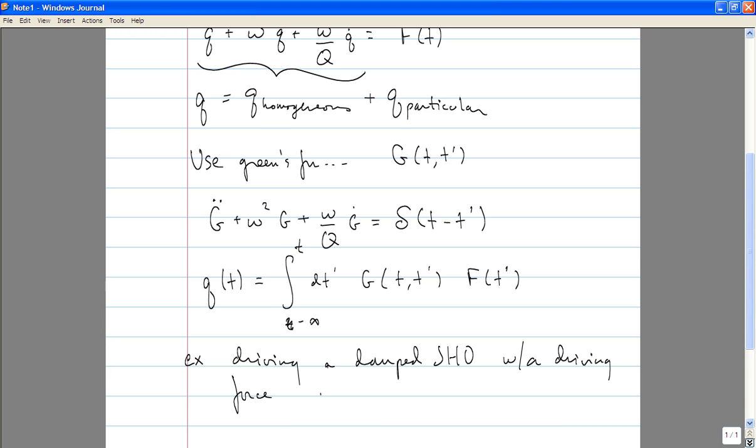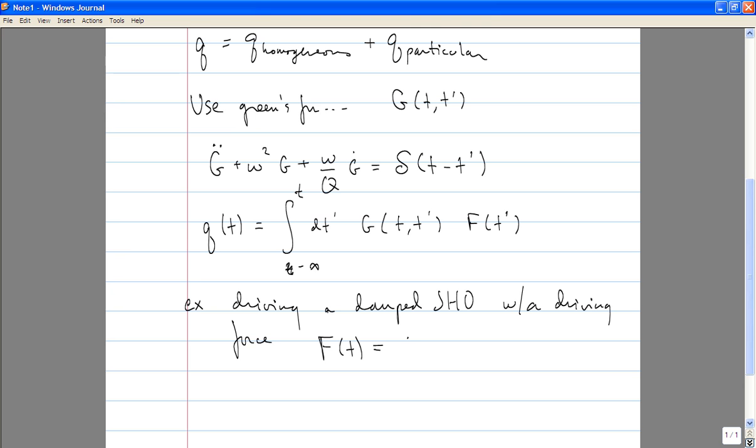So the driving force will be periodic in time, and I'll just take it to be a constant times sine alpha t. Here, alpha is the frequency of the driving force.